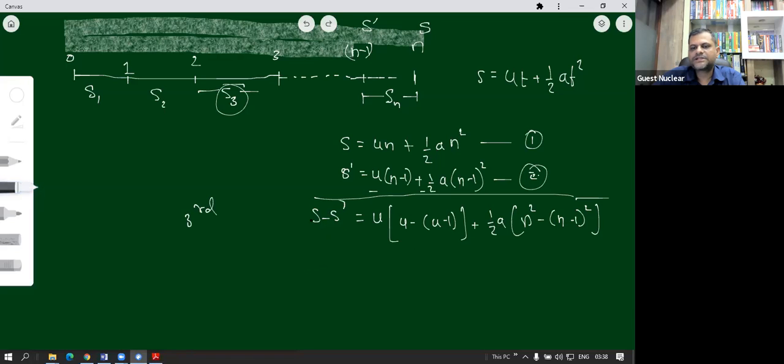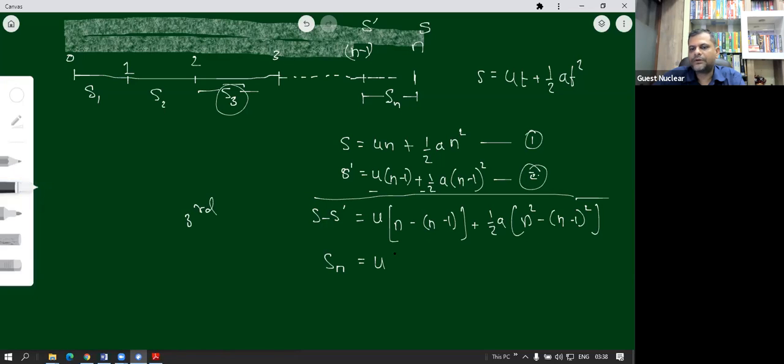अच्छा, s माइनस s डैश मतलब ये क्या होगा, Sn, दैट इज टू बी फाउंड आउट हियर. So Sn can be written to be equal to u as it is. अरे ये n है ना, सॉरी, n-1.